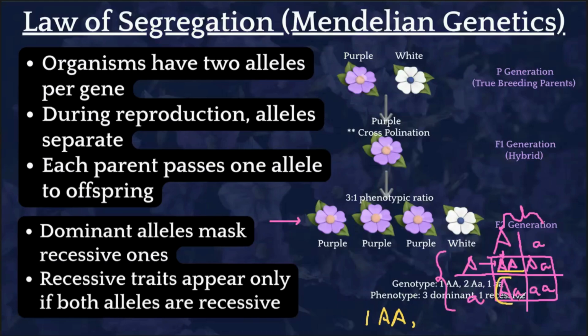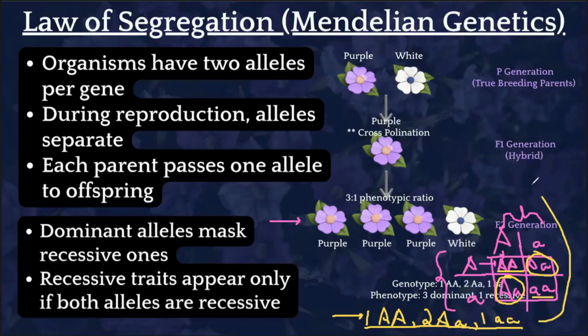Then you see 2 heterozygous here, 2 big A, little a, and then we have 1 little a, little a. So genotypically, this is represented as 1 big A, big A, 2 big A, little a, and 1 little a, little a. So this is our offspring that is found in this F2 generation.